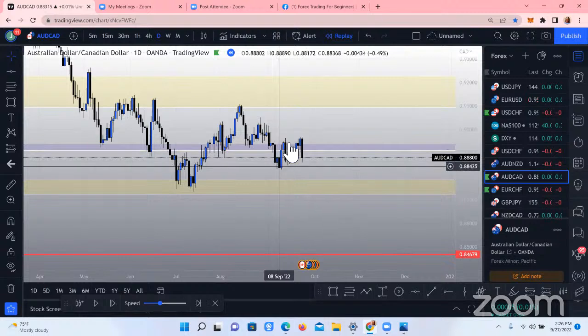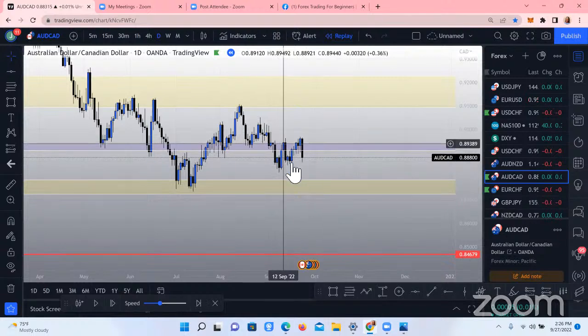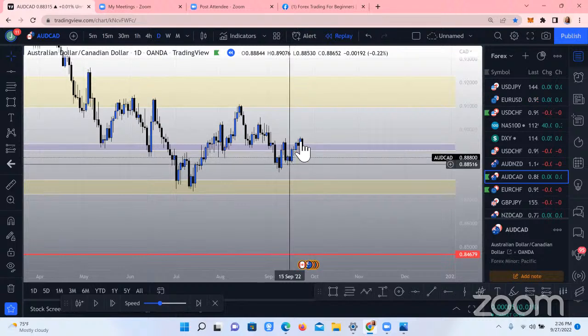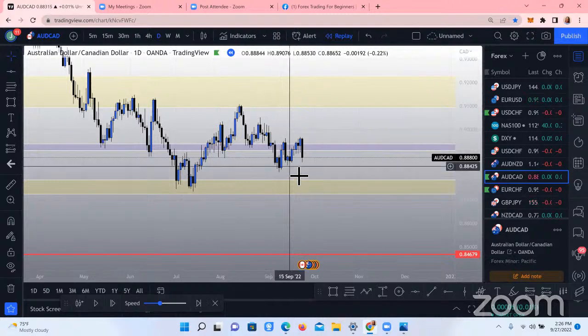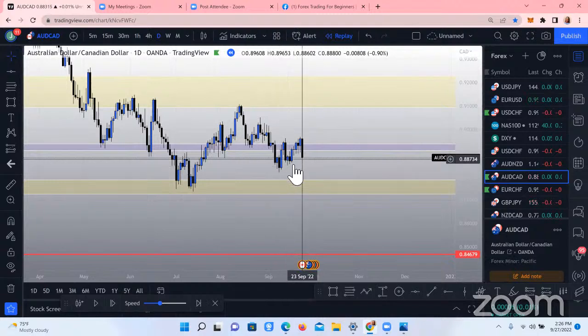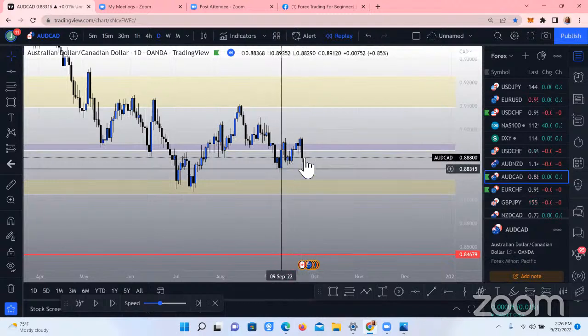Then it came back up, tried to touch resistance again, and fell back down. It tried again, tapped it, and came back down. But we can see price starting to make higher lows right here. No matter what, we're still bearish on this pair.